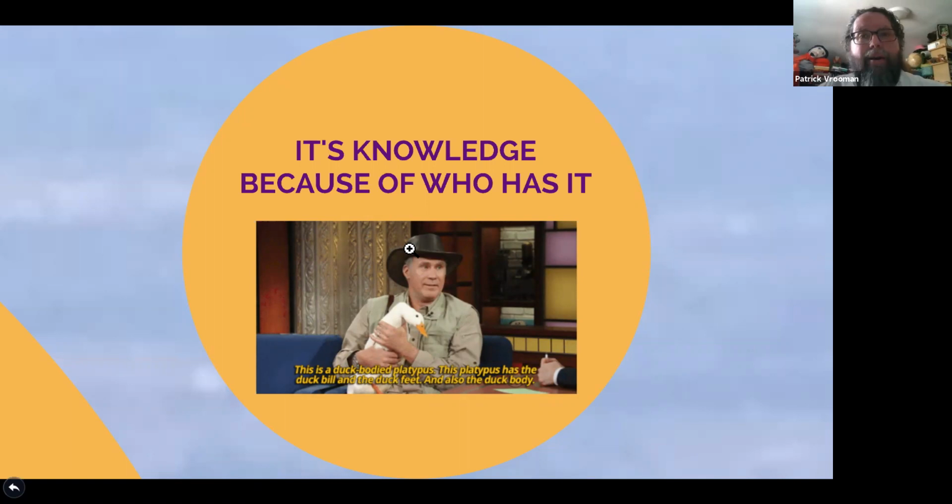Now, if you know Will Ferrell, he's a comedian, and you know he's not an expert on platypuses. But you have a belief inside of you of who has knowledge and who doesn't, who's an authority figure and who's not. And based upon that, and this is what Katrina was talking about a little earlier, you either believe them or you don't.